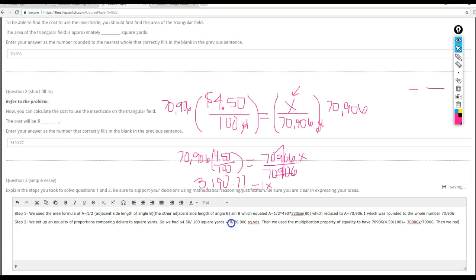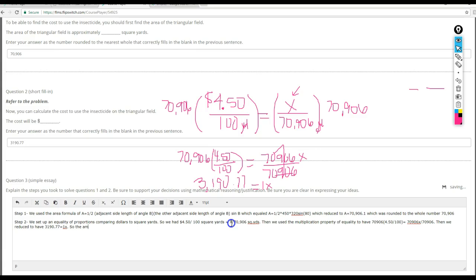Then we reduced to have 3,190.77 equal 1x.